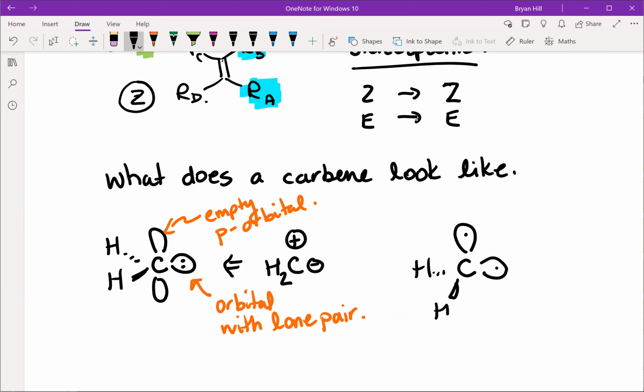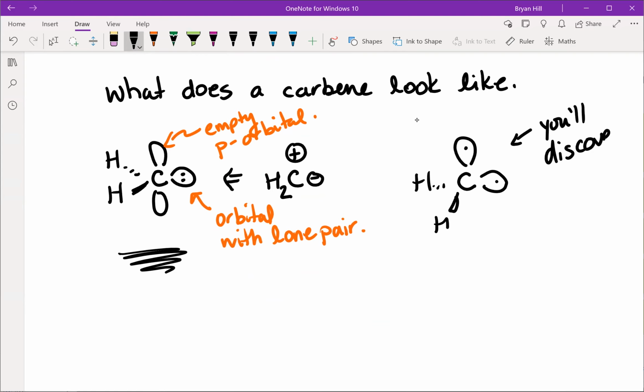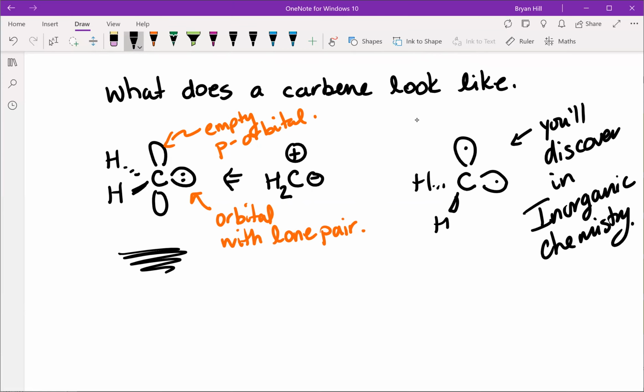So there's really two types of carbenes. Most textbooks in organic chemistry only discuss it like this. The other is something you'll discover in inorganic. So we'll focus on the one on the left.